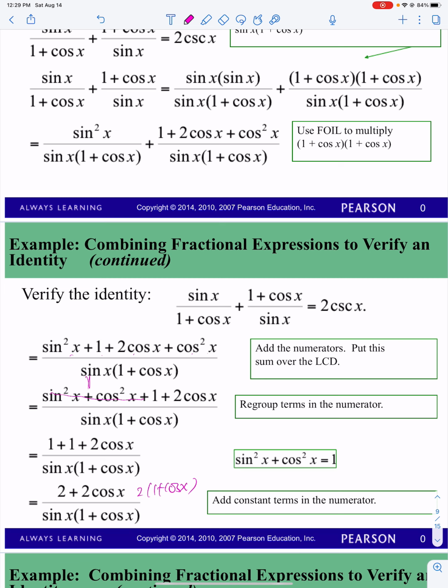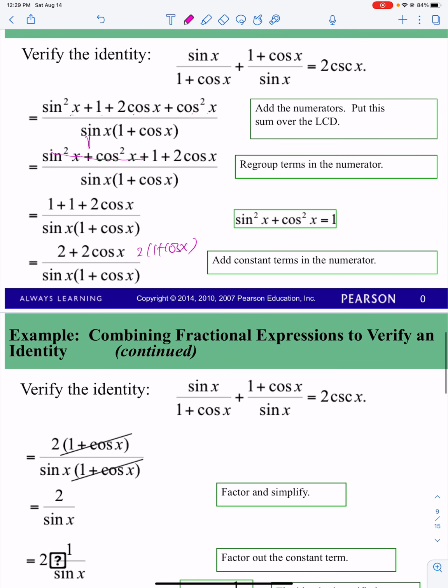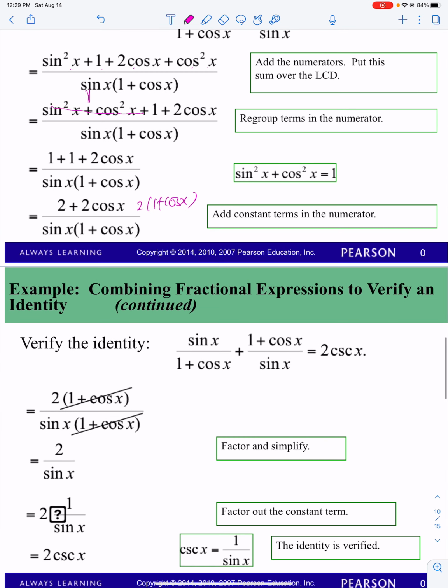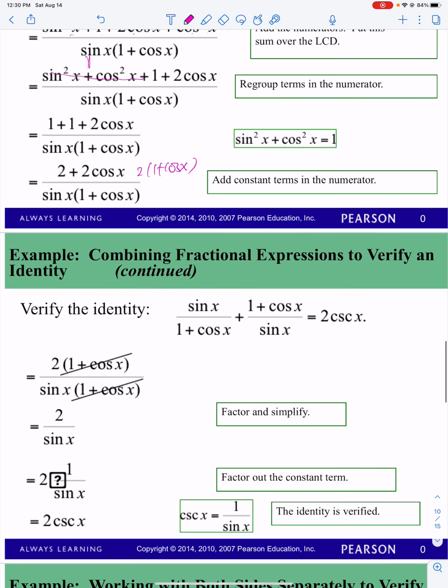And then you can simplify and it equals 2 cosecant x. This one is a little bit difficult, so you have to be very, very careful to verify. You use a lot of identities here.